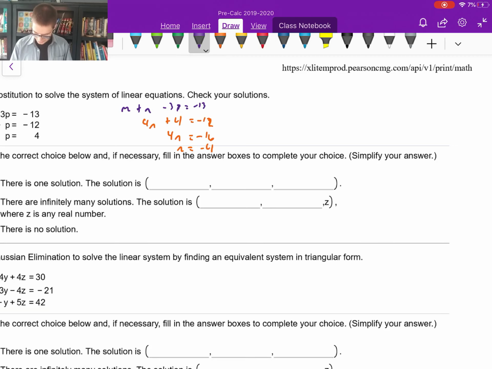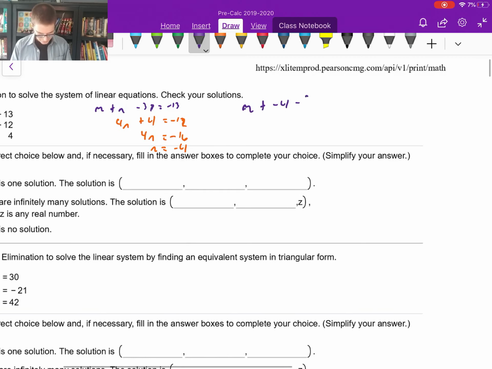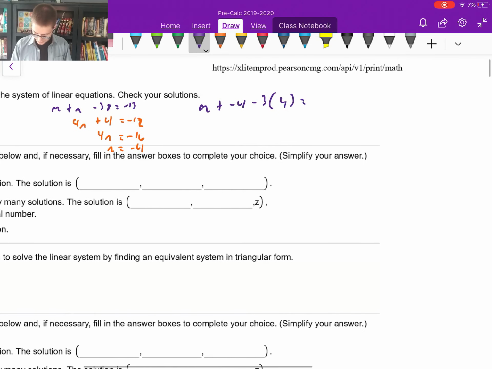So we've got m plus n, which is -4, and then -3 times p, which we just found is 4, equals -13. So we'll get m plus, -12 minus 4 is -16, so that gives us m minus 16 equals -13.